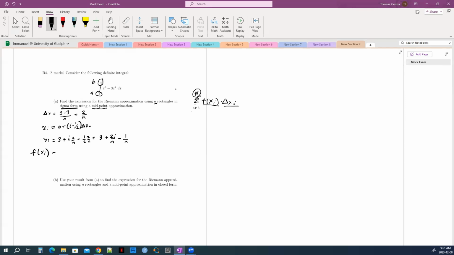So this is going to equal 3 plus 2i over n minus 1 over n, cubed, minus 3 times 3 plus 2i over n minus 1 over n, squared.